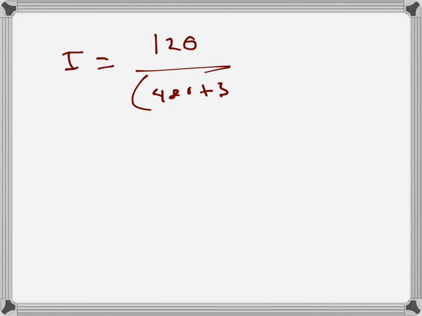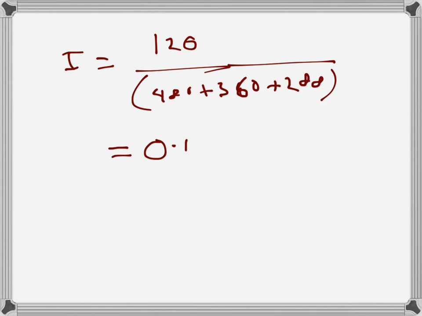So the value of the current will be I equals 120 divided by 480 plus 360 plus 288. So the current is 0.106 ampere. Now we can find the power absorbed by each of the bulbs.